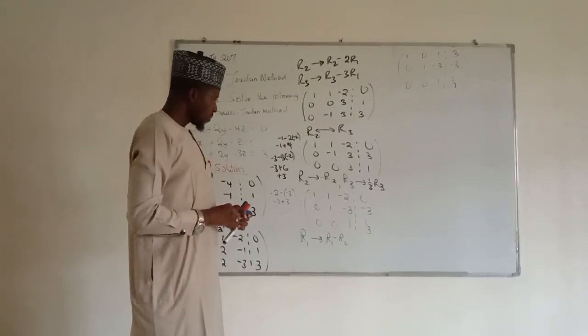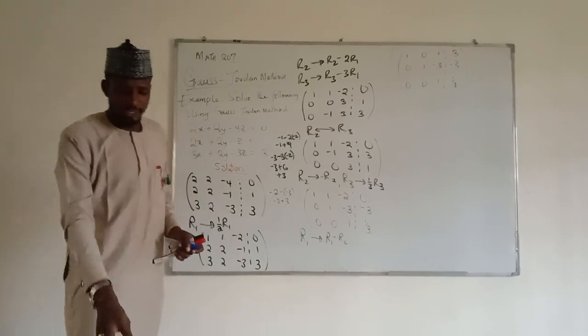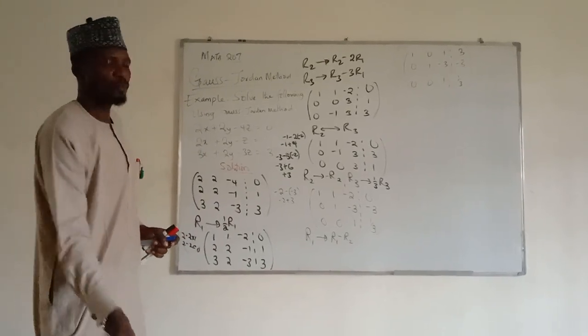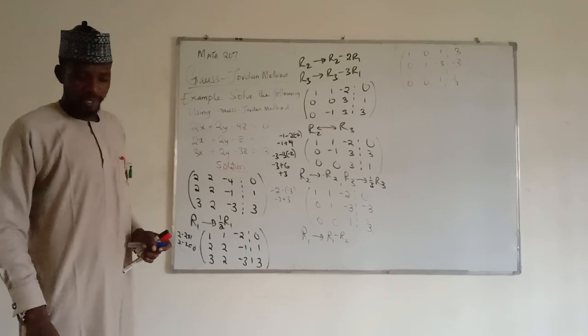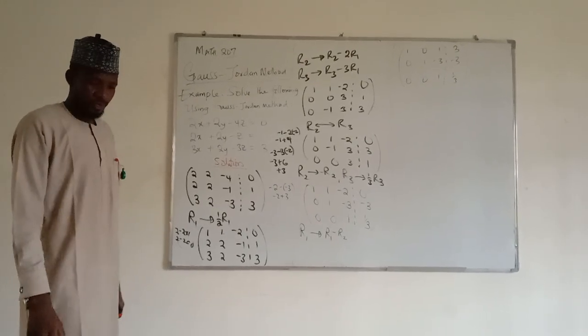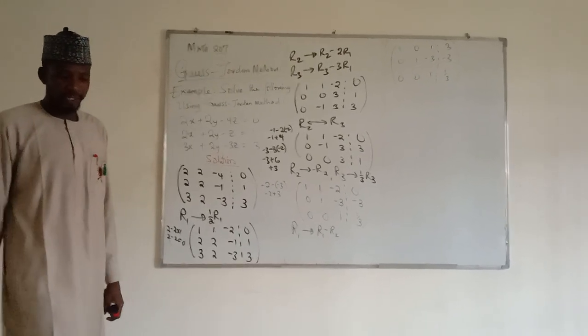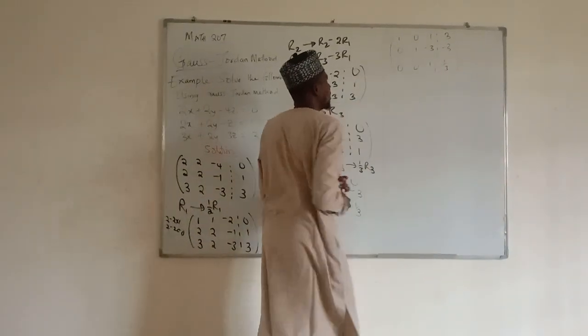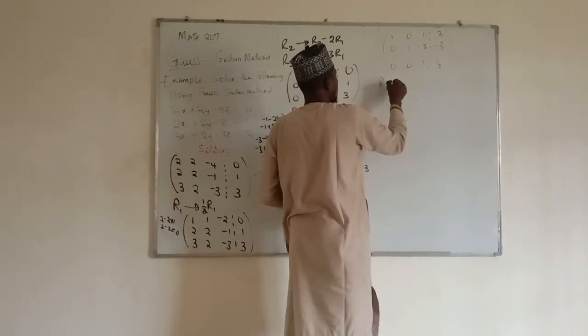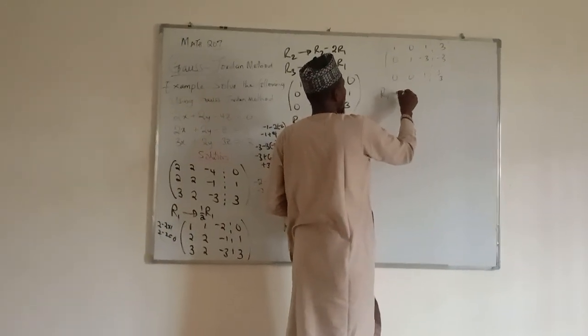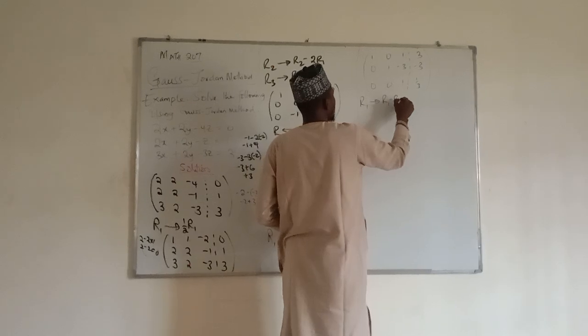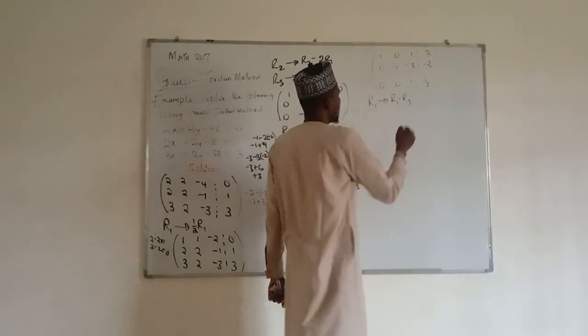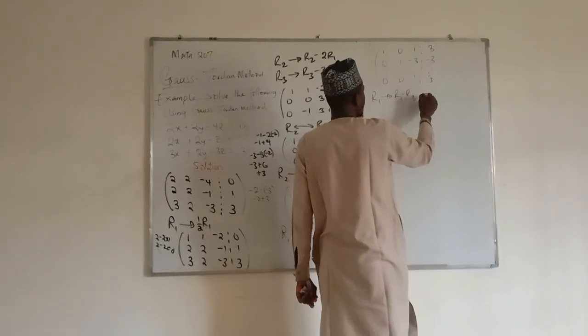All together? So we want to reduce everything to row echelon form. So we can use this so that our R1 is going to be R1 minus R2. And we also want this one to be 0.